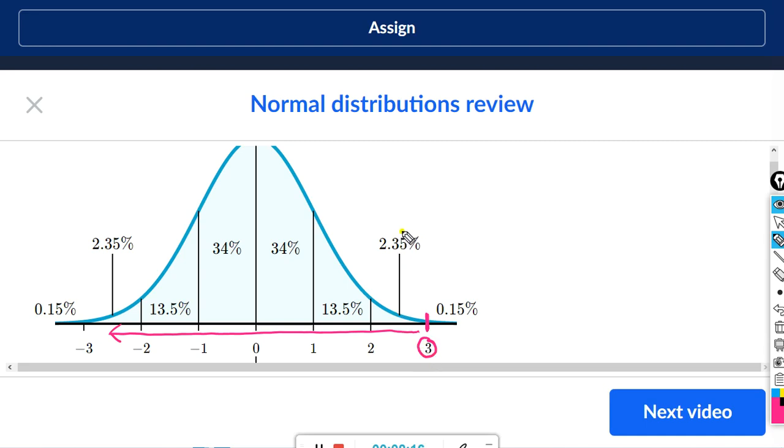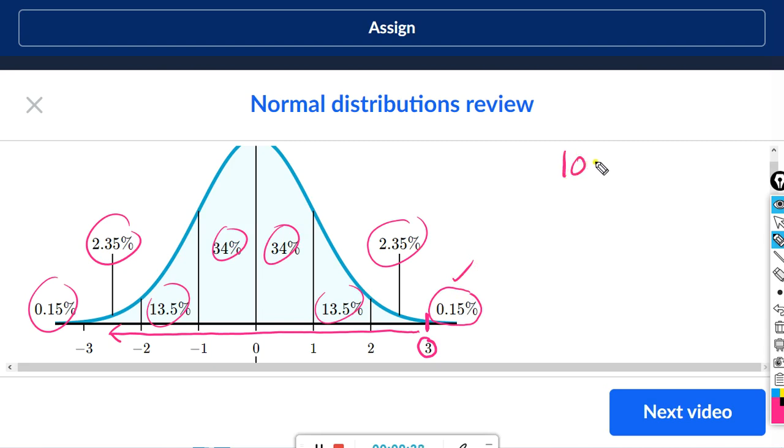Of course, we can go and add all of these percentages, but you don't have to do that, because we said before the entire curve represents 100%. This piece right here is the only piece that is not included in that 100%. So it is just going to be 100% minus 0.15%, and that is going to be 99.85%.